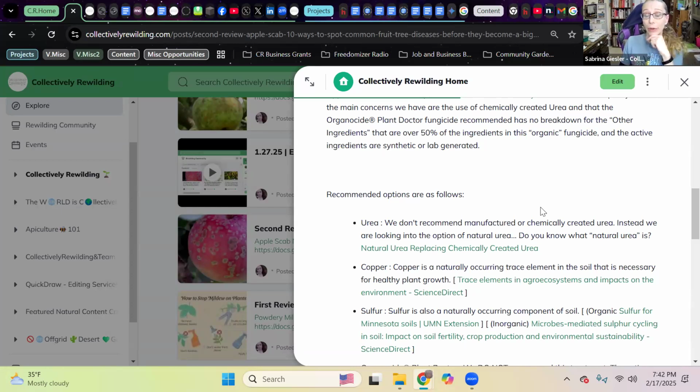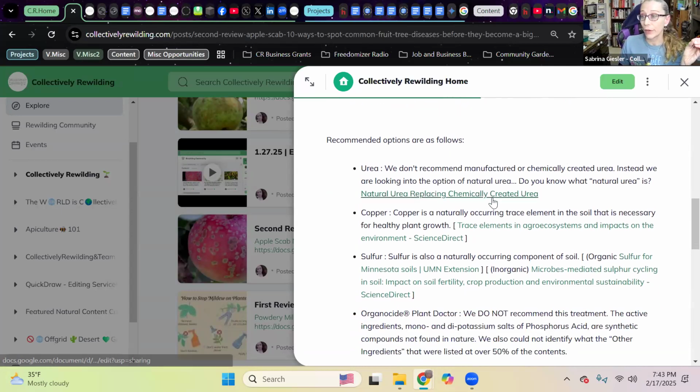You can create your own urea. It is very specific. It is not something that you want to do laissez-faire. You want to pay attention to what you're doing. It's easy. We've put an article in here for you that was put together by Grow Veg that works in collaboration with Mother Earth News. And they go over the technical elements that you need to follow in order to have it be a properly usable substance.